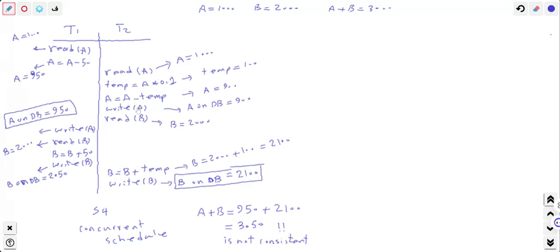Doctor, please, in the first transaction T1, the last value written to B is 2050.